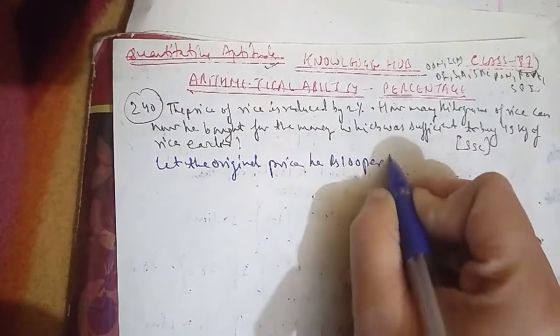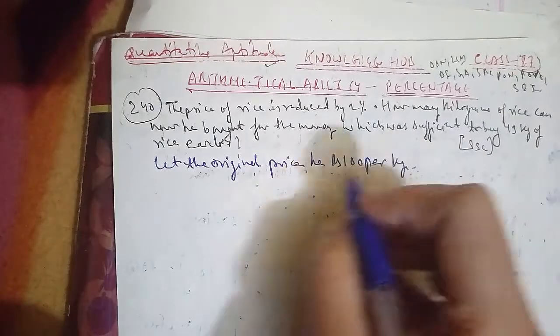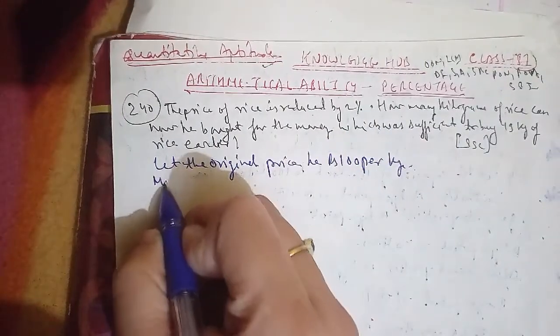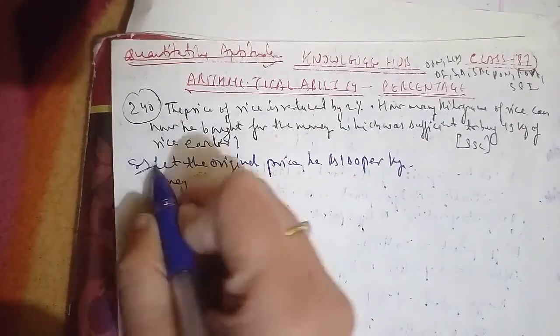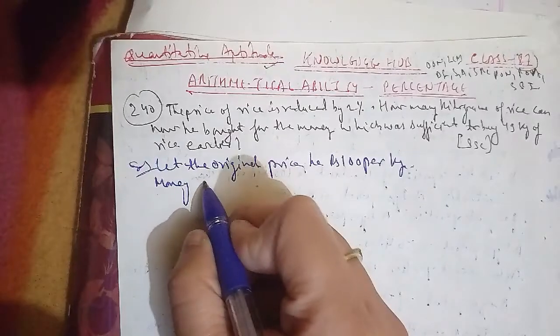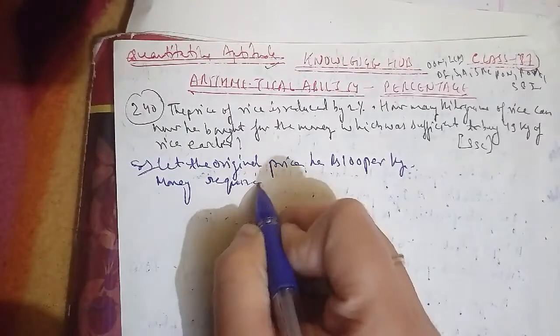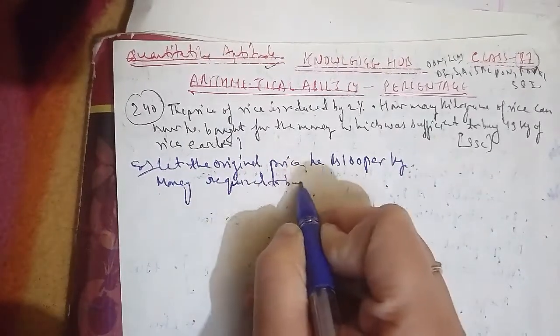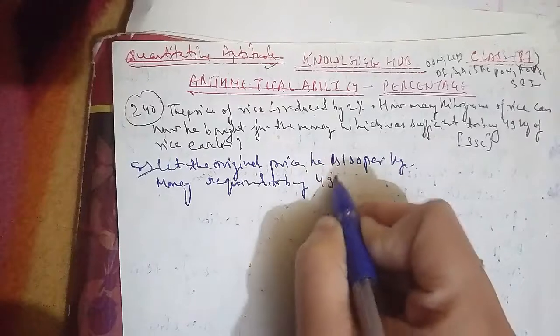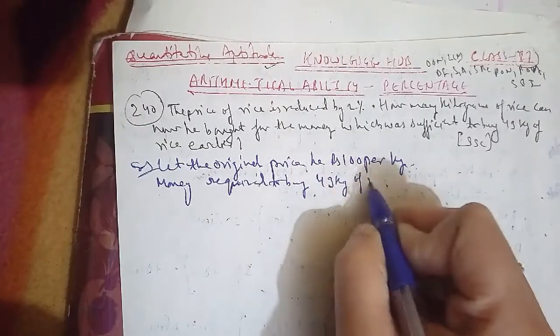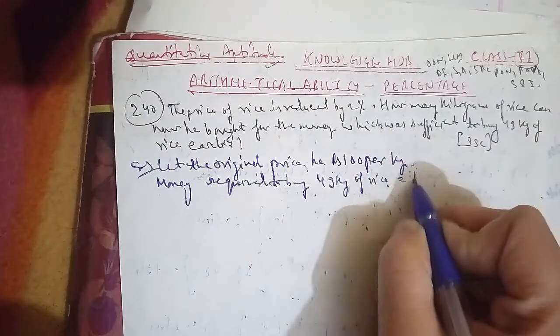Money required to buy 49 kg of rice equals rupees 100 into 49, which equals 4,900.